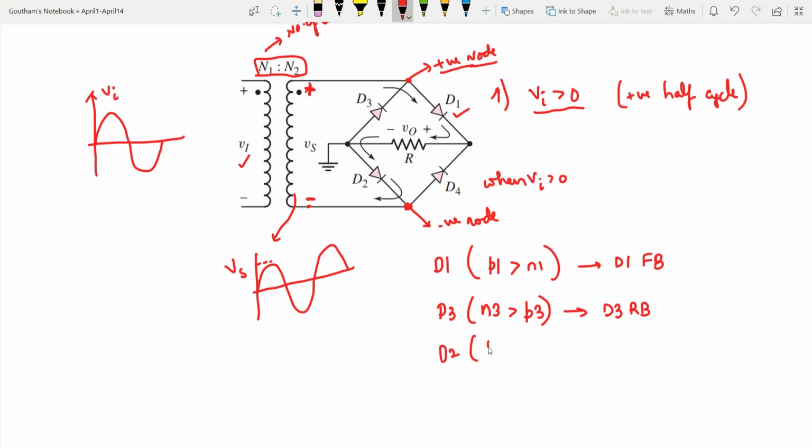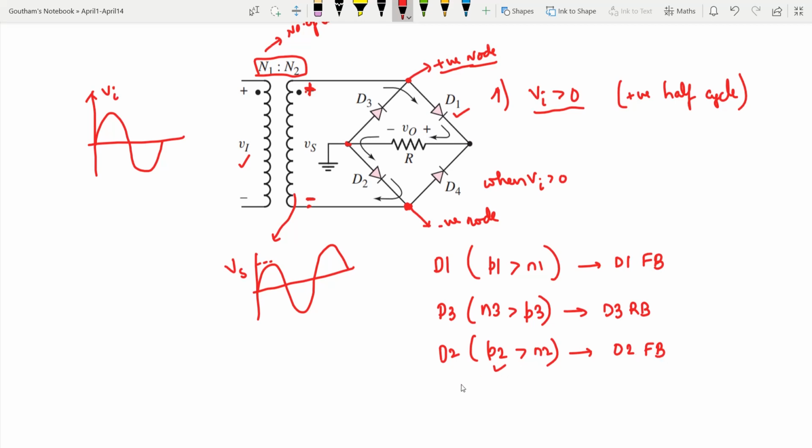That means P2 is greater than N2. Why? Because the P side of D2 is connected to ground, whereas the N side is connected to the most negative node. That means P2 will be greater than N2, and diode D2 will be forward biased.